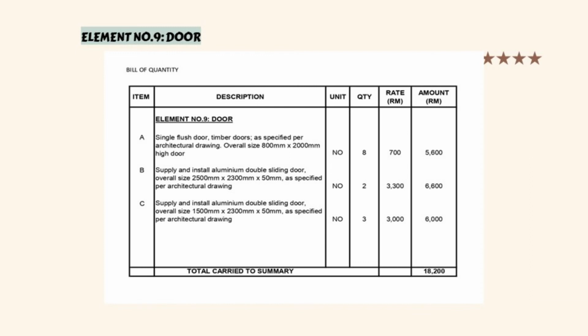And the last one is the aluminium double sliding door, the size is 1500 mm times 2300 mm times 50 mm. We use 3 of this door, and they cost 6,000. So the total cost for element number 9 door is 18,200 ringgit.